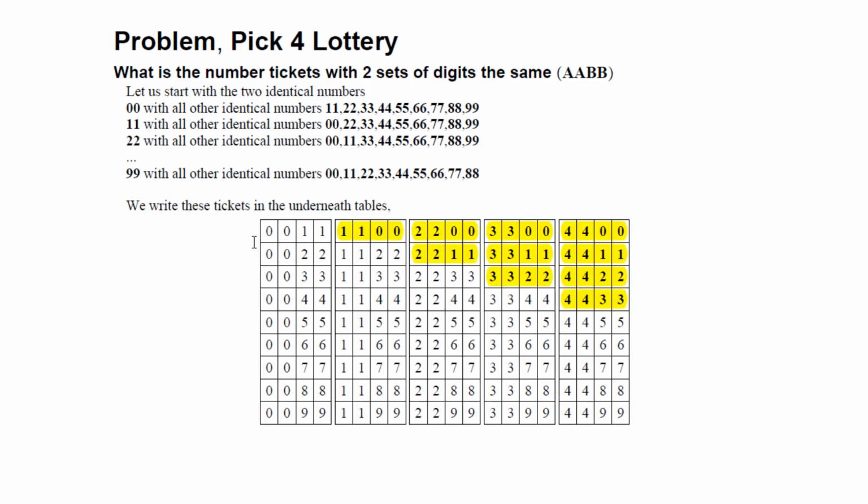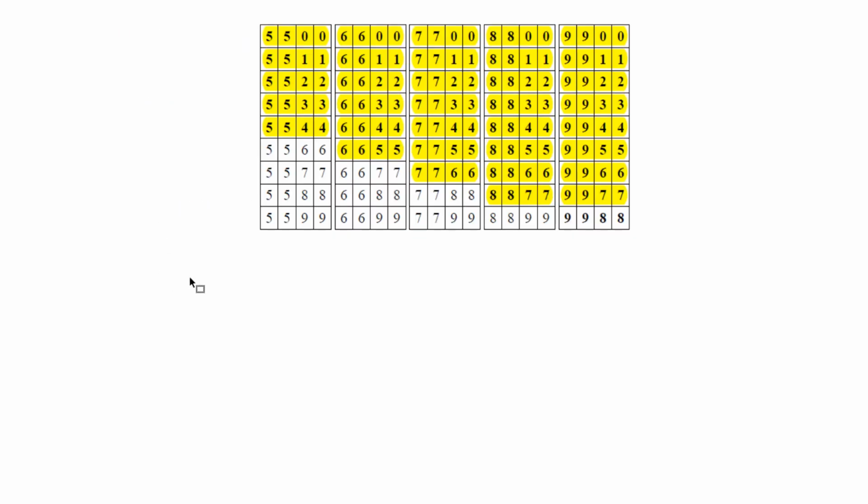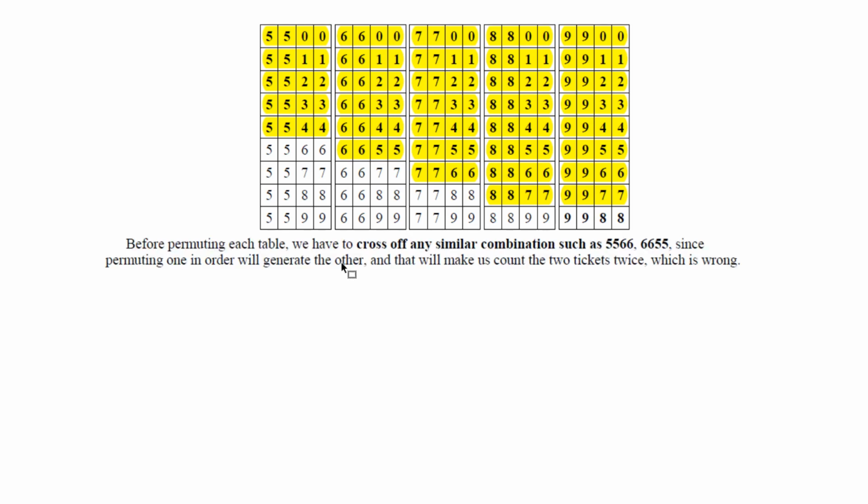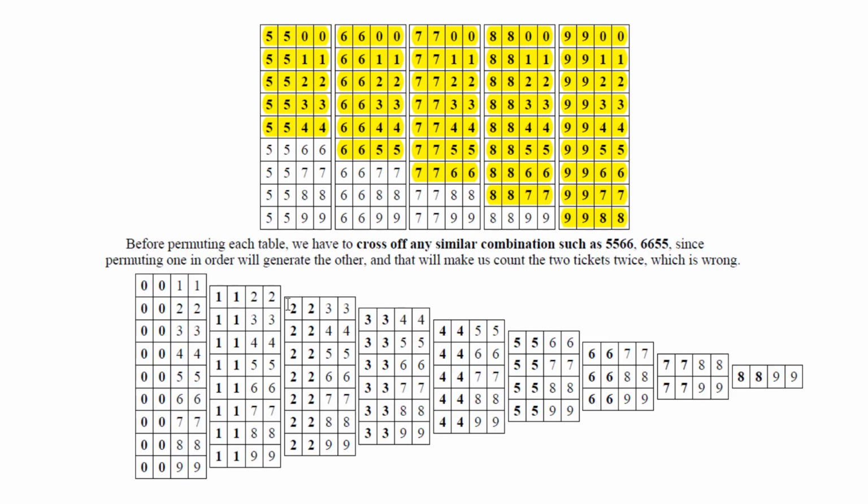and before we permute anything, we have to eliminate any similar combination, otherwise we are going to count the ticket more than once. So we continue until the end, and we cross off all these highlighted tickets. We cross it off, and we end up with this set of tables.